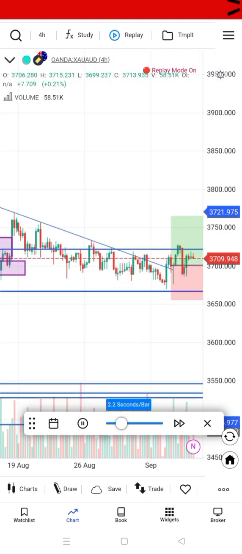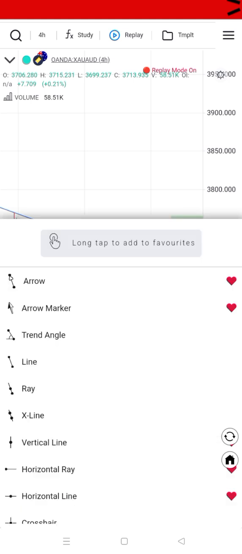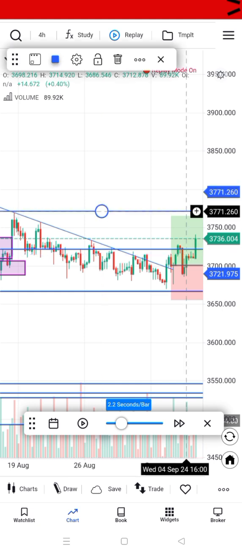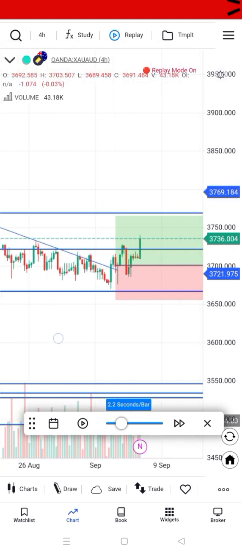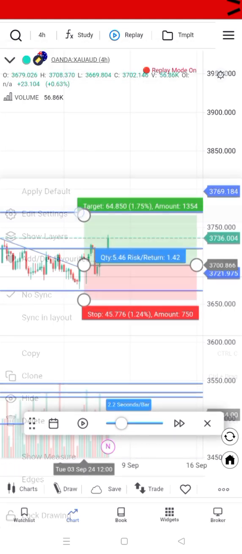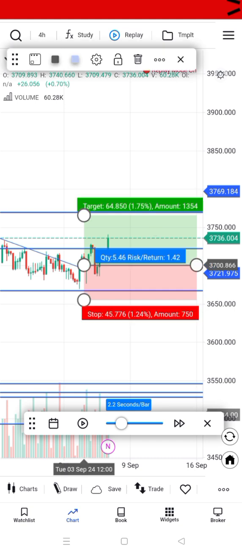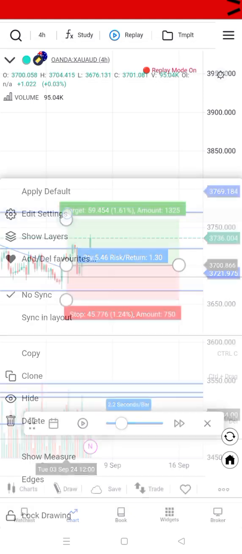So let's see whether it hit that take profit, guys, as I had decided, and that's the area I'm telling you, that's the take profit. On your left side, you take the previous higher high or the highest point on the left side.